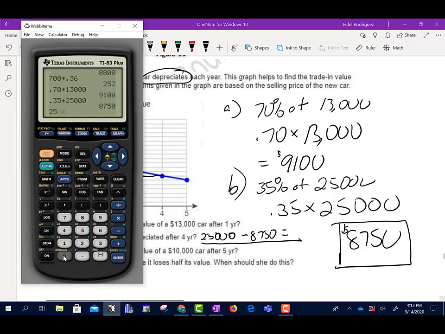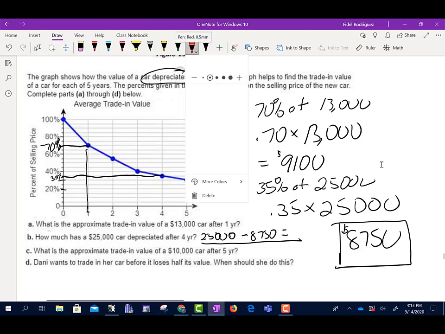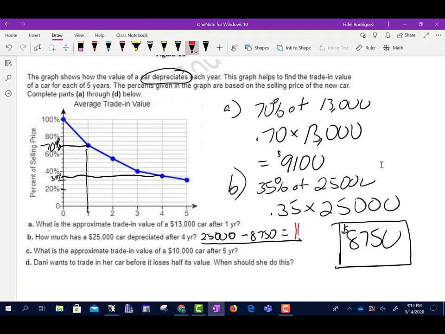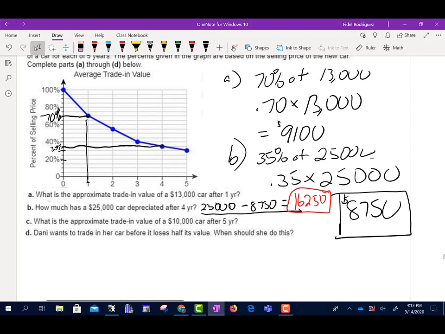So 25,000 minus the answer that we got, which was 8,750, is going to give me $16,250. So 16,250 is actually how much it's gone down, right?